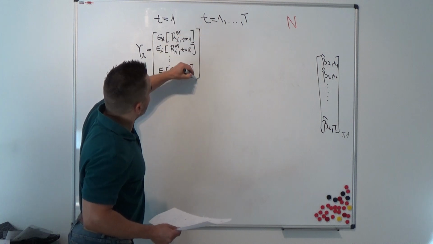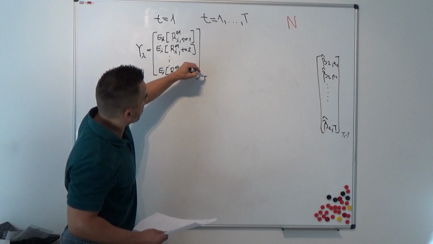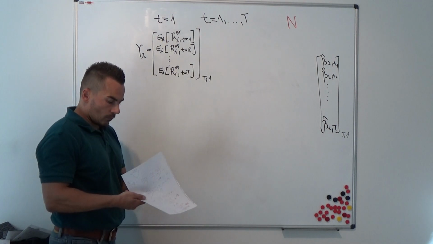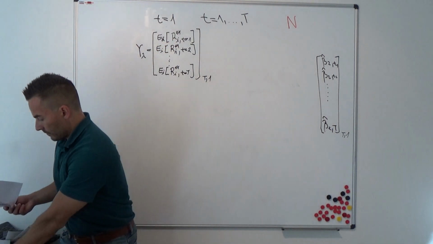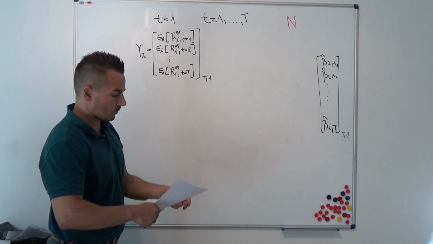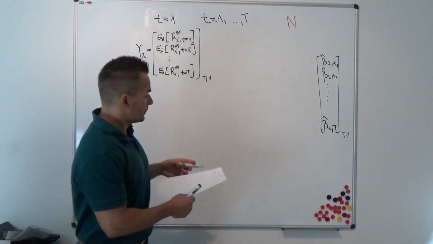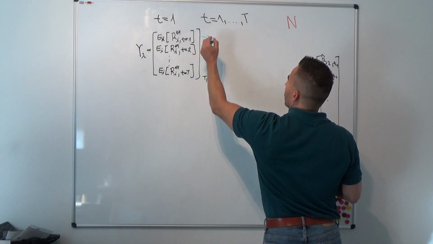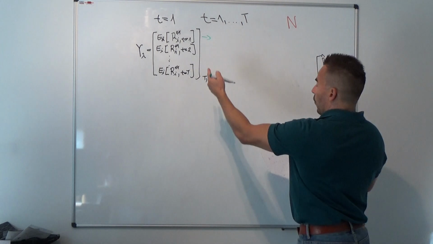Okay, so what we have here is a t by 1 vector. So what's the first entry? The first entry is nothing else than the expectation over i.